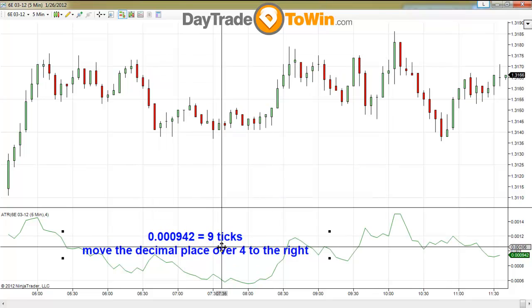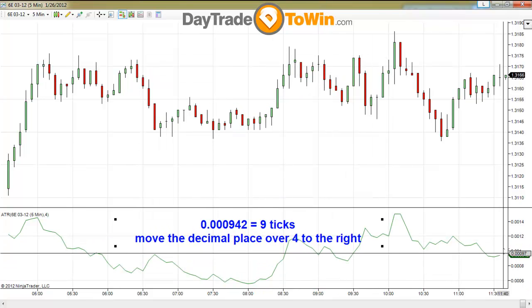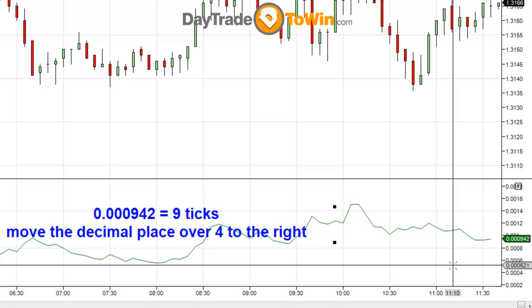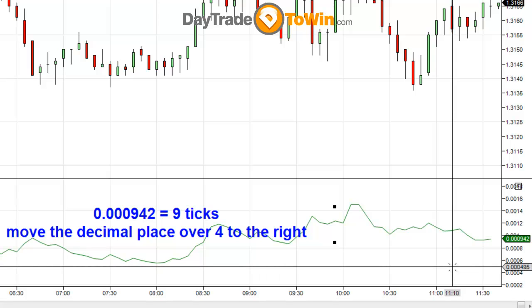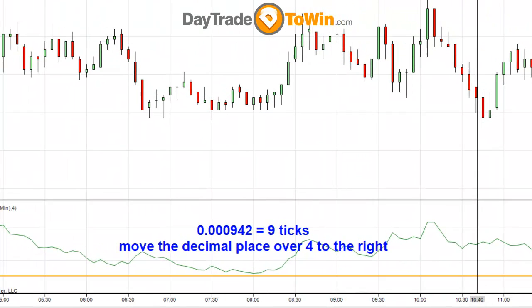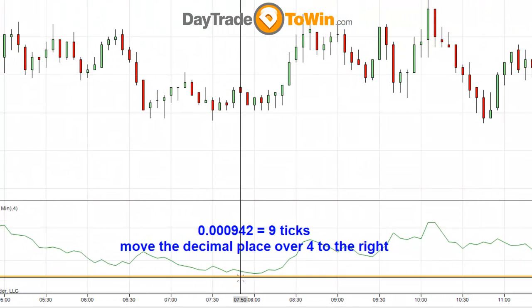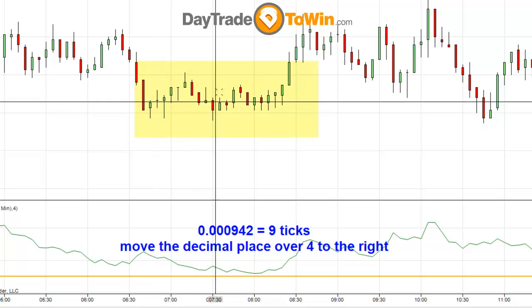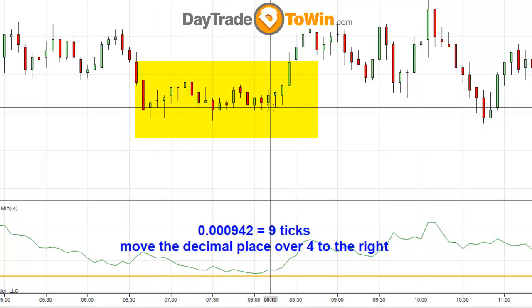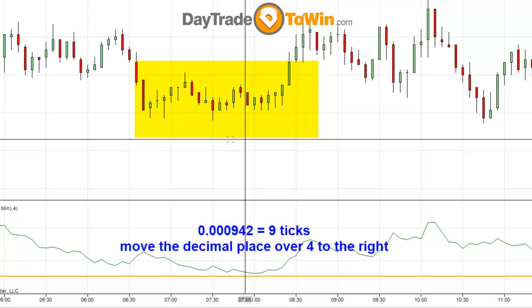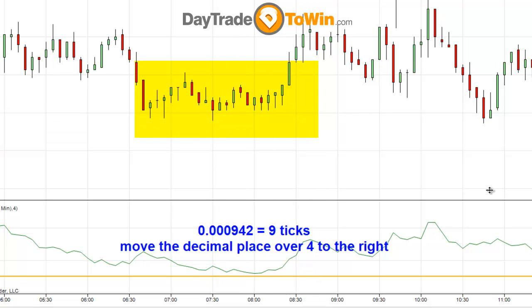Now the determiner in currencies is if the average true range falls below 5 ticks, you know that you shouldn't be trading. And you can see as it approached 5 here, how slow and whipsaw and channel and back and forth it got, where it chops up all traders. So know when to trade.